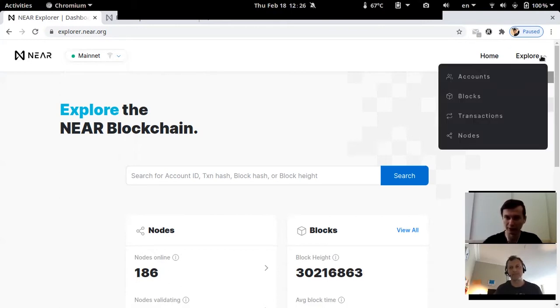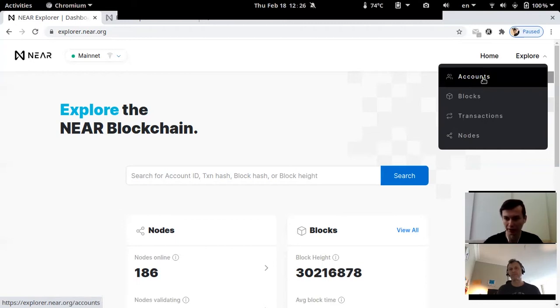On the right, you have a deeper breakdown into different pages that you could be interested in. Blocks and transactions are natural to Near protocol.